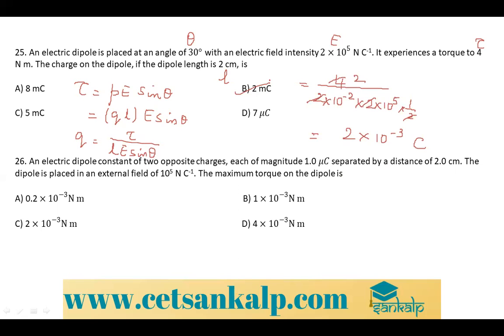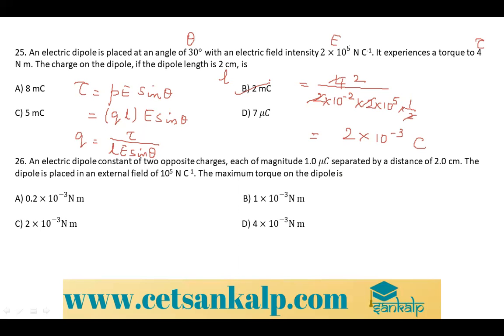Next, an electric dipole consists of two opposite charges, each of magnitude 1 microcoulomb, separated by a distance of 2 centimeter. The dipole is placed in an external field of 10 to the power 5 Newton per coulomb.